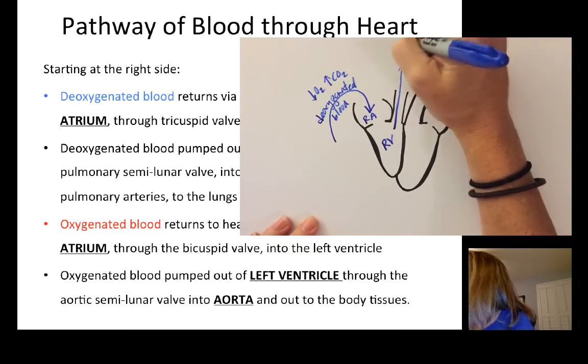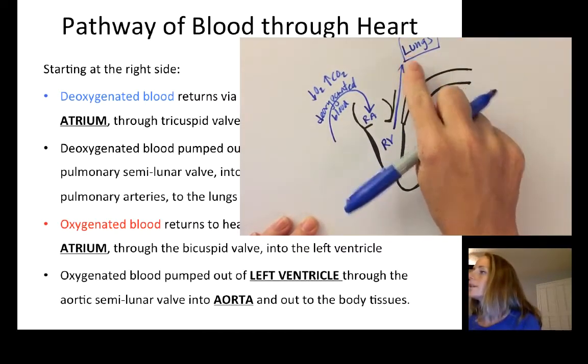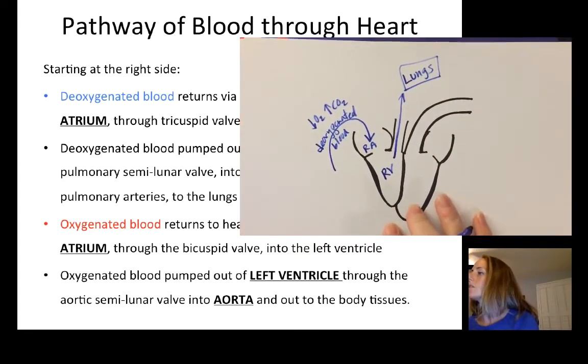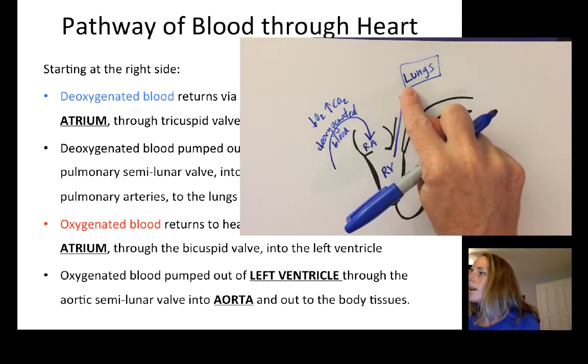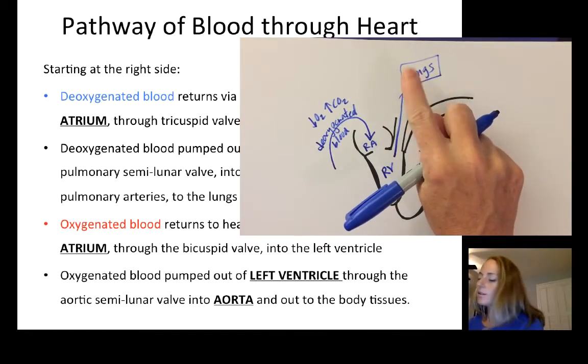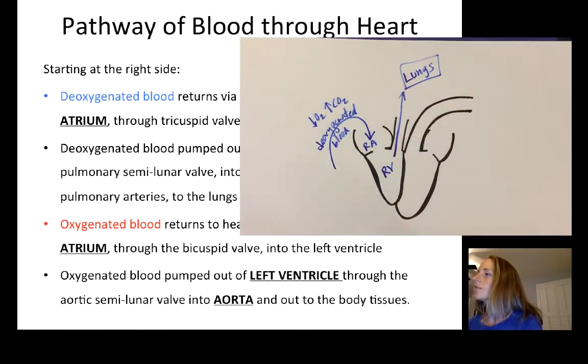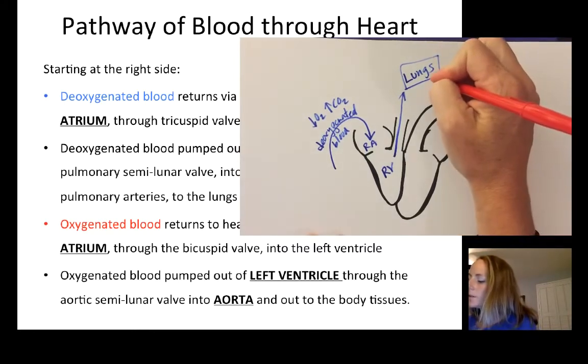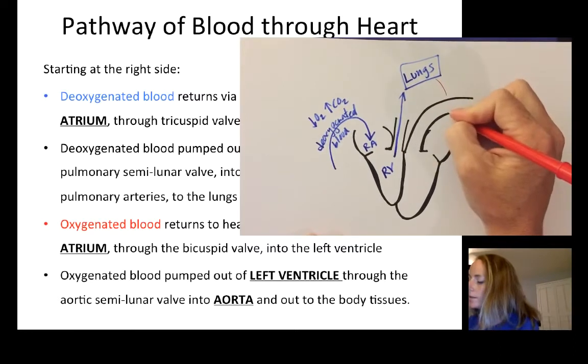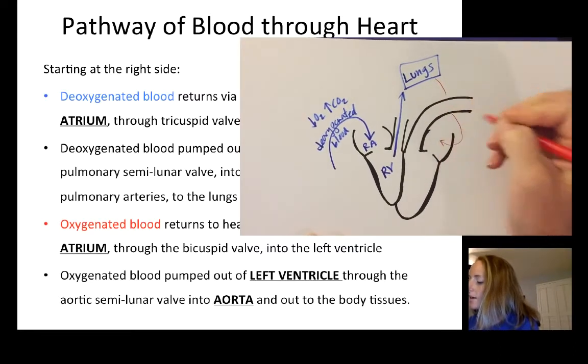the lungs. The lungs are going to take that deoxygenated high carbon dioxide blood, they're going to remove carbon dioxide, and they're going to replenish the blood with oxygen. From there, that replenished blood is going to travel from the lungs to the left side of the heart.